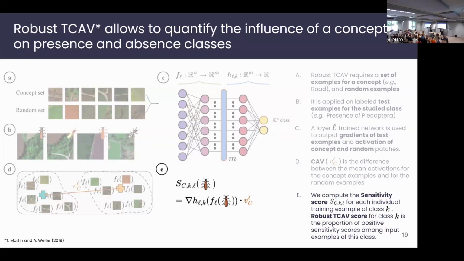If the sensitivity score is positive, then we say that this concept had a positive impact for that particular patch. And overall, if we have more than 50% of our patches where we have a positive influence, then we'll say that the concept had a positive influence on the class overall, for instance, on the prediction of the class Plecoptera.